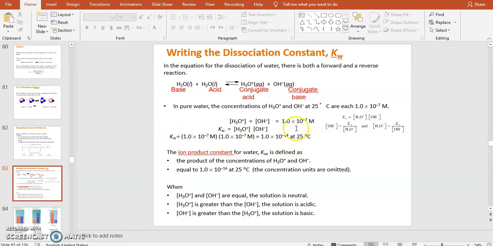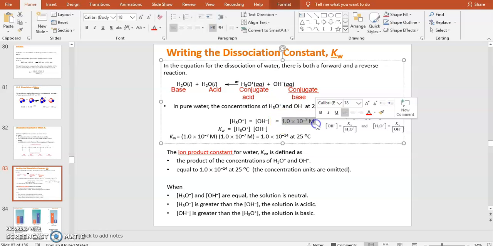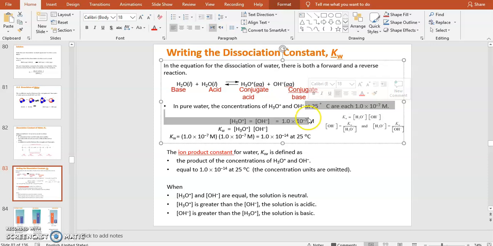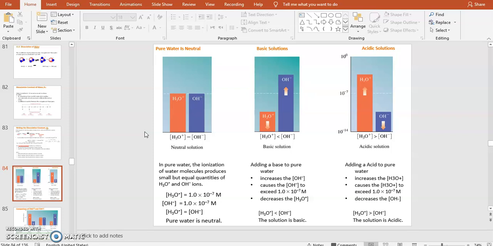So now you have the water dissociation constant, and this is a constant that doesn't change. Again, remember 7 is the neutral number on the pH scale. Here you go. So this is the dissociation of pure water where both are equal, both equal to 1 times 10 to the power of minus 7.